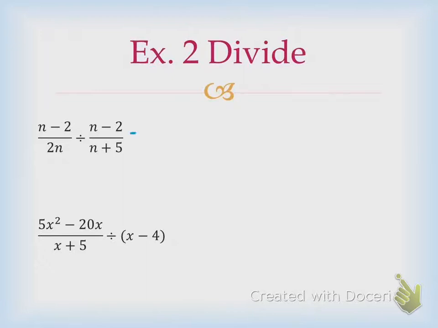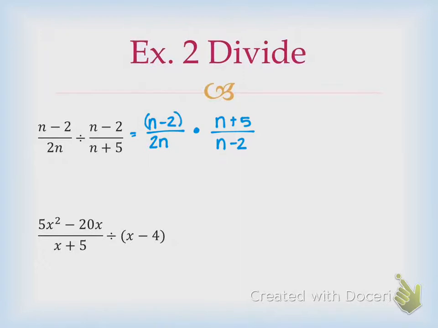Okay? So I keep my first fraction, which is n minus 2, over 2n. I flip my second fraction, which is going to be n plus 5 over n minus 2. And I change my sign from division to multiplication. Now I need to go around and put some parentheses.